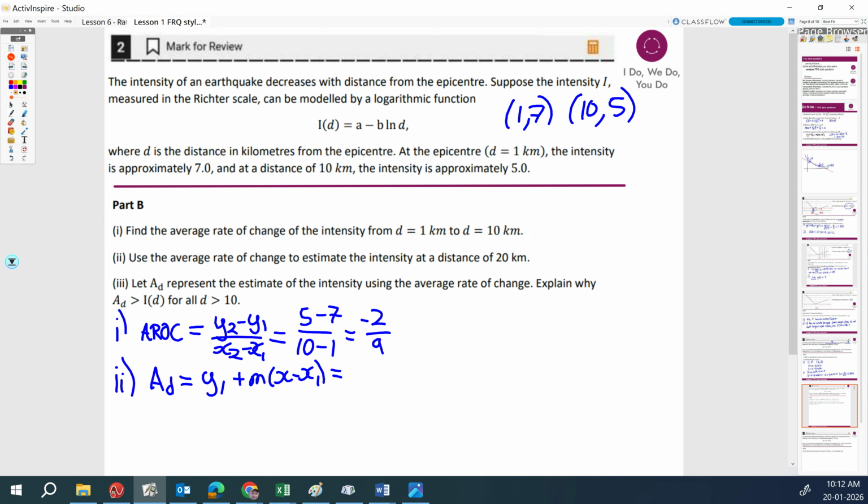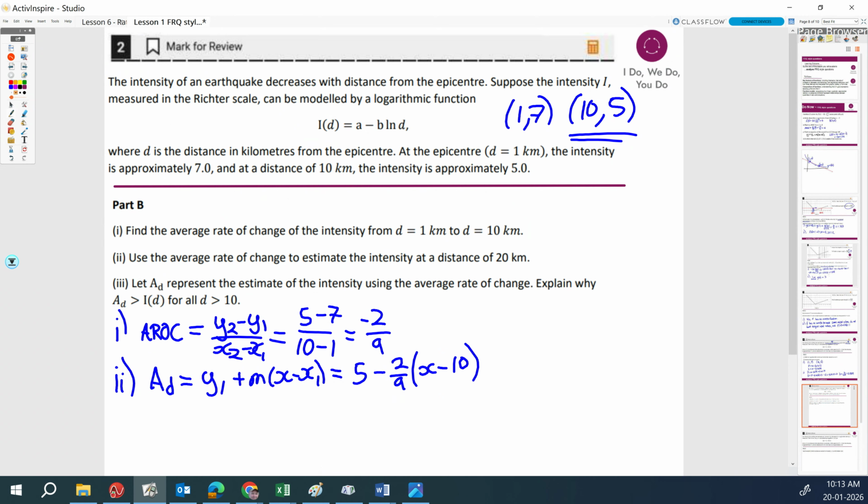We can use either of these two coordinates on this one. I'm going to use this one here. So I'm going to put in 5 minus 2 over 9 bracket x minus 10.